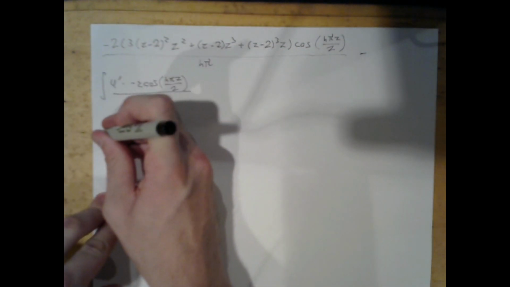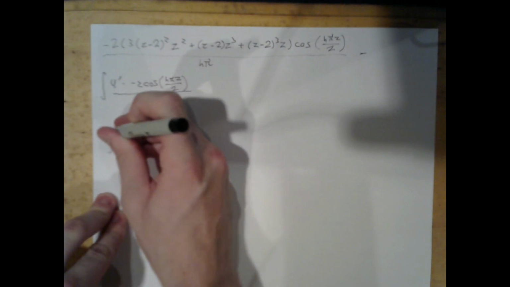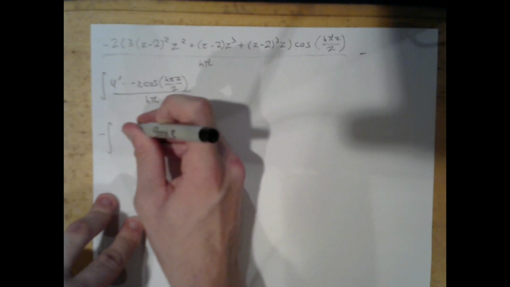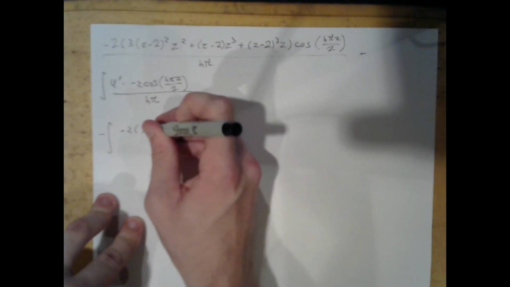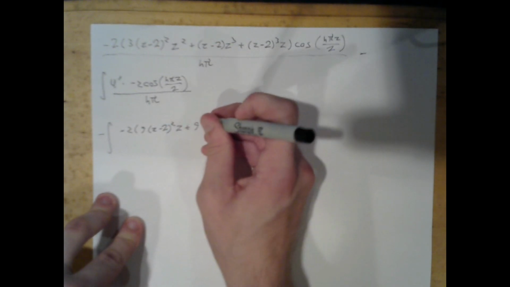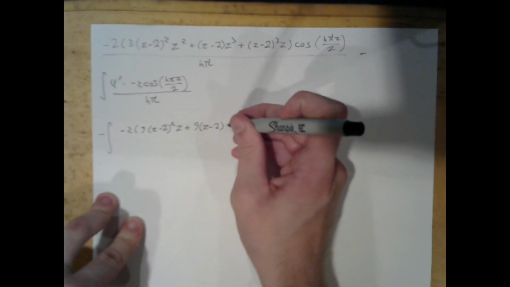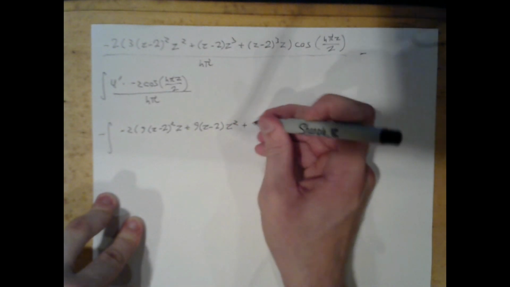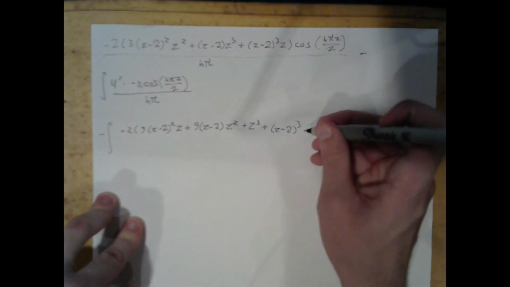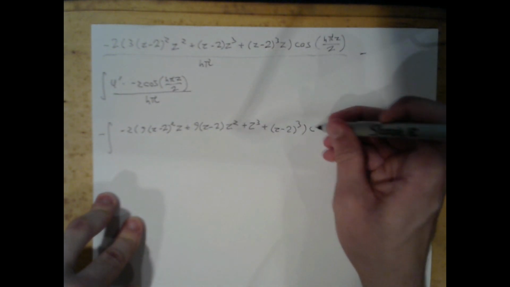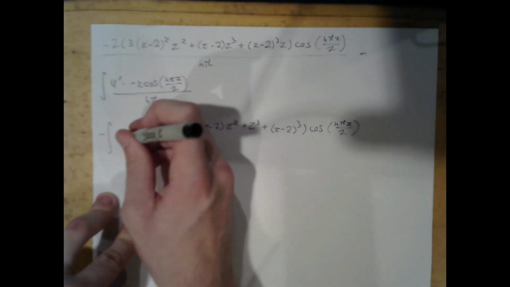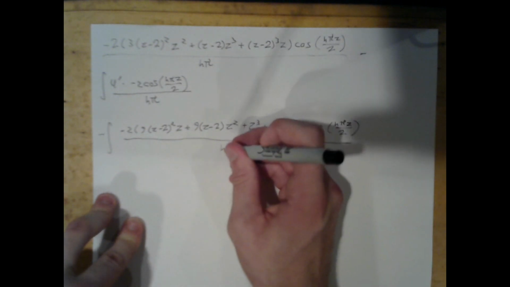So this is equal to, again, let's call it minus, because that's what we were doing on the other page, minus negative 2, 9 (z minus 2) squared z plus 9 (z minus 2) z squared plus z cubed plus (z minus 2) cubed, all times cosh(pi z over 2) all over h pi.